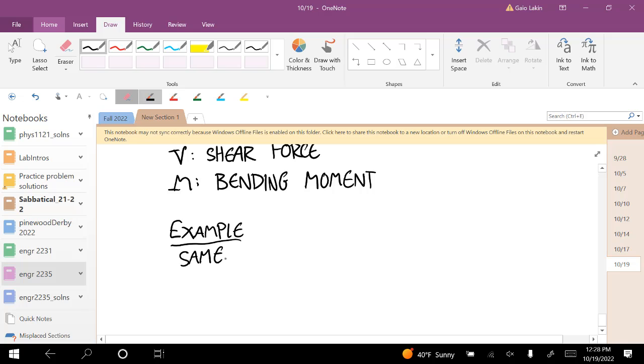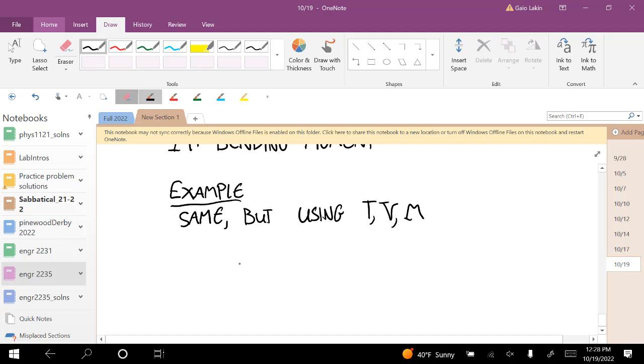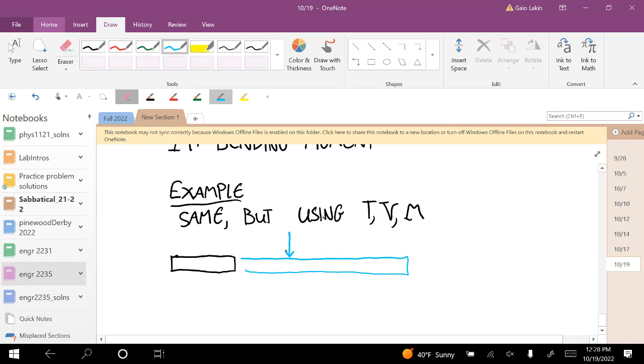So this is the same, but using T, V, and M. And again, I'm not going to do this all the time, but just for now, I'm going to do this a few times, hopefully to help you keep your brain oriented on where we are on this beam.